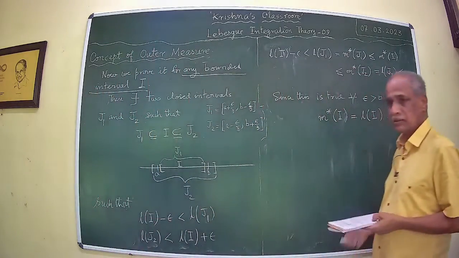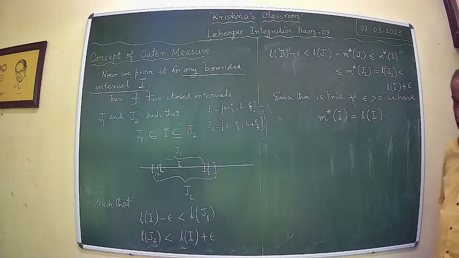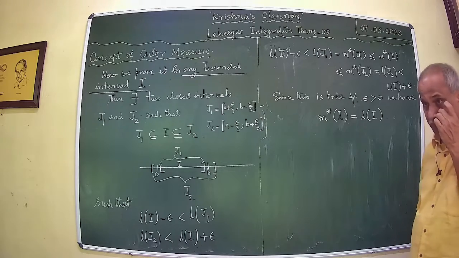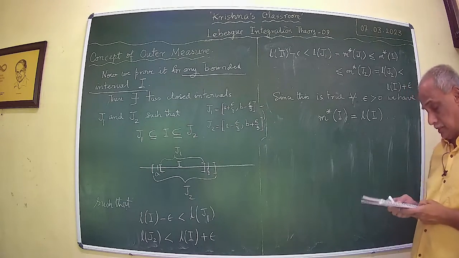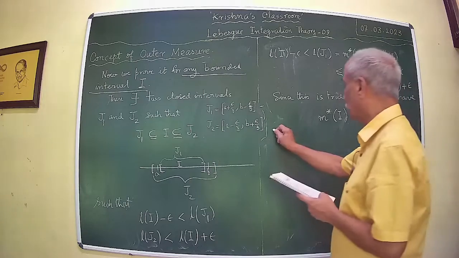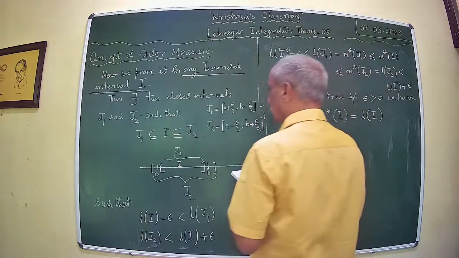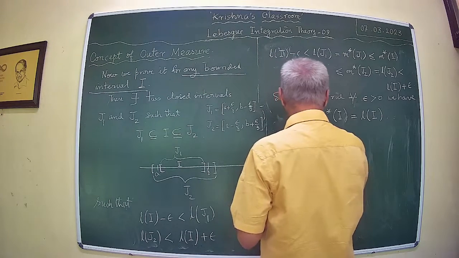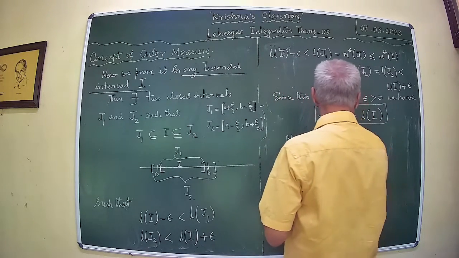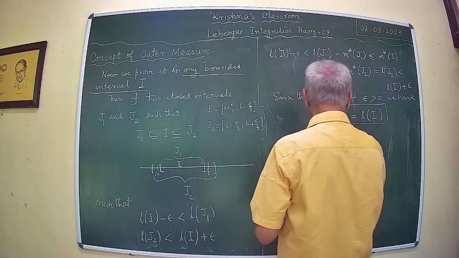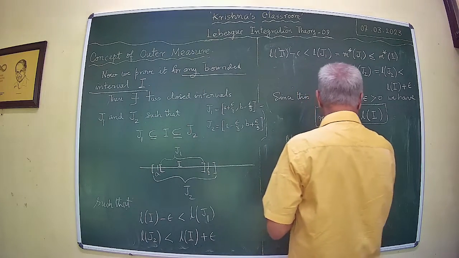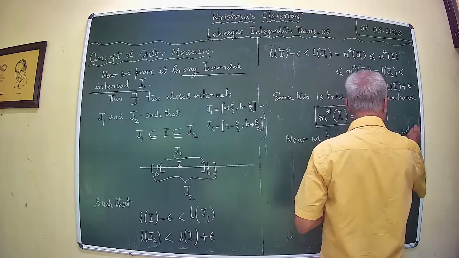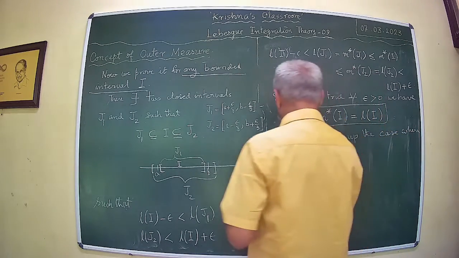Now, all that remains to be verified is what happens if the I is unbounded. So, we take up the case I is unbounded.